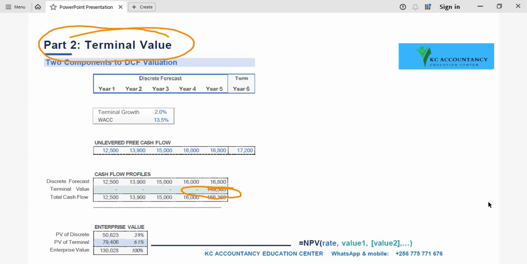Since we've gotten these total cash flows, we now discounted these total cash flows back to our valuation date.